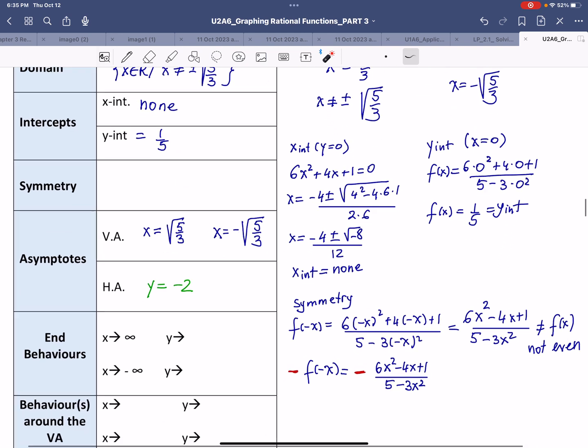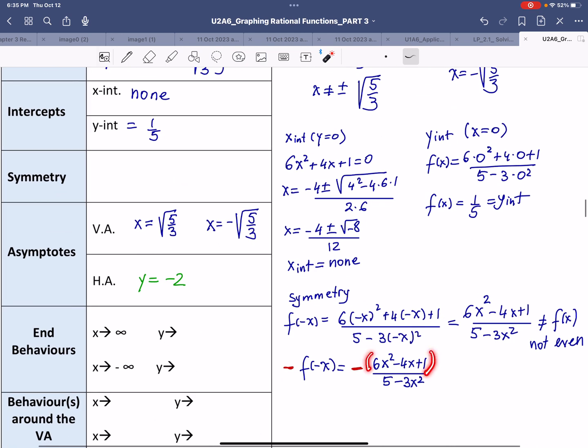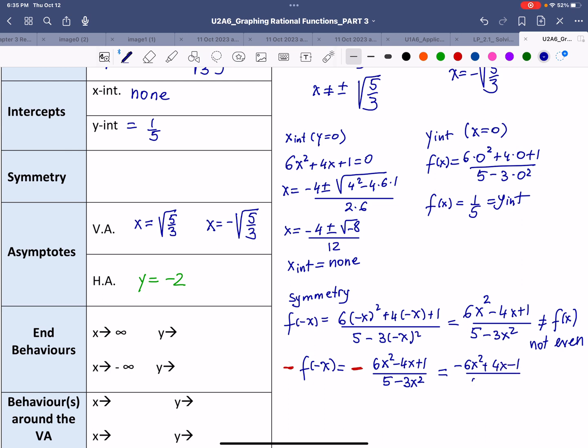Imagine this is a coefficient of negative 1, and it will multiply the entire numerator. This will give negative 6x squared plus 4x minus 1, which again doesn't give us f of x. So that's different than f of x, which means that the function is not odd.